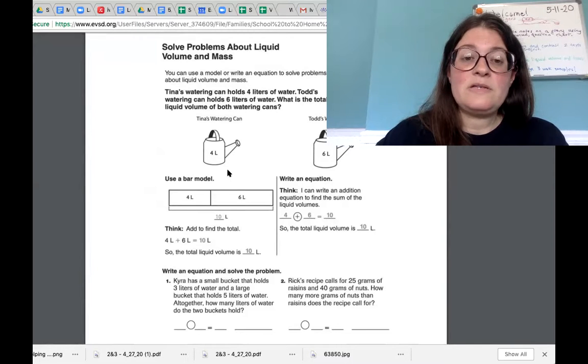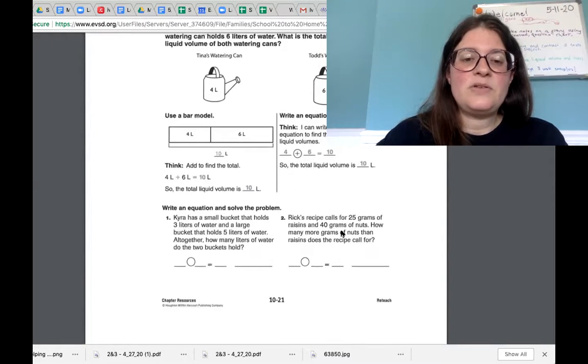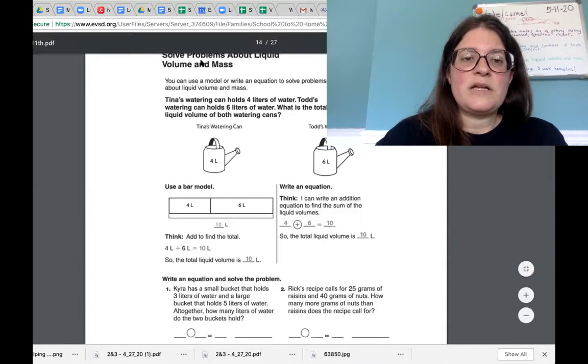So I want you to take what we were just talking about and see if you can work through this problem using addition, using your label. See, they use a big L to show the measurement liters. And they have 2 more problems for you to solve regarding the liquid volume and mass.